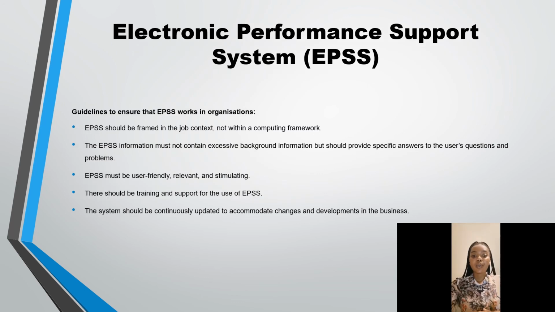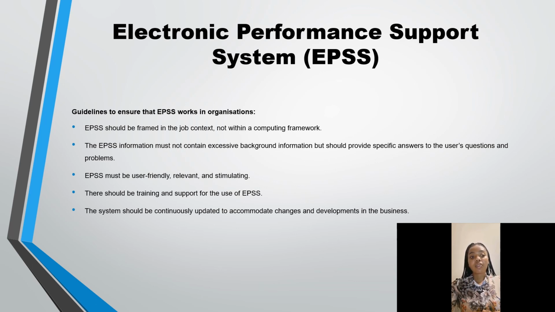I will now be talking about the proposed guidelines to ensure the effectiveness of electronic performance support systems in the workplace. Electronic performance support systems should be framed in the job context, not within a computing framework. The information must not contain excessive background information, but should provide specific answers to the user's questions and problems.